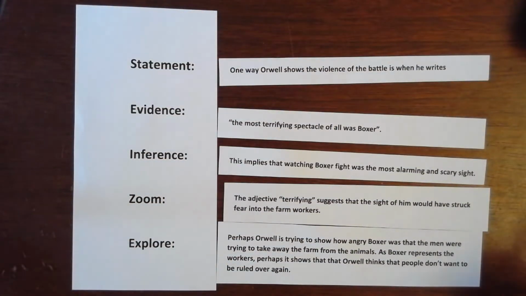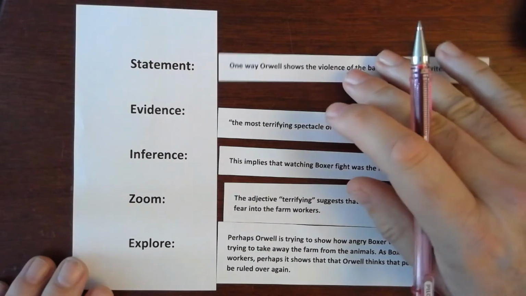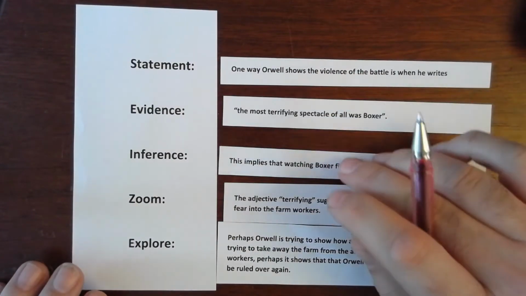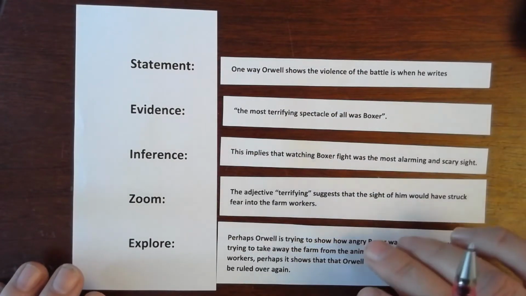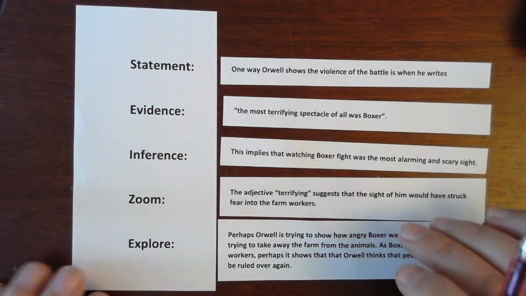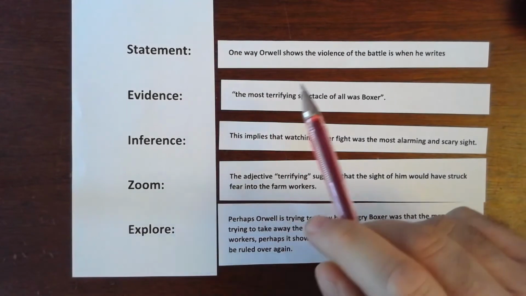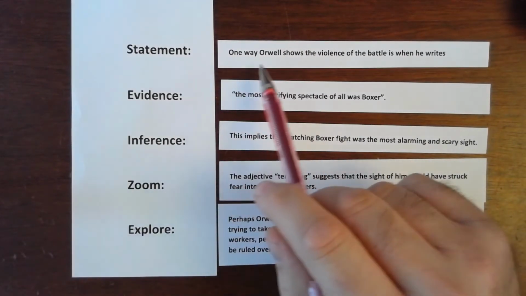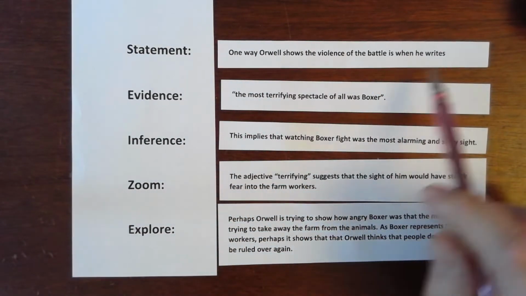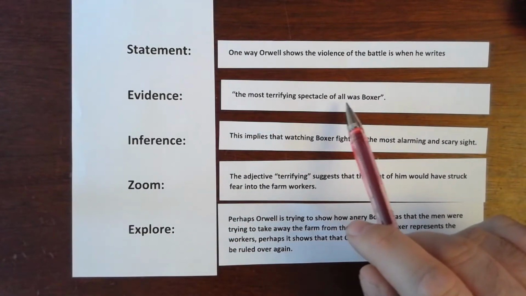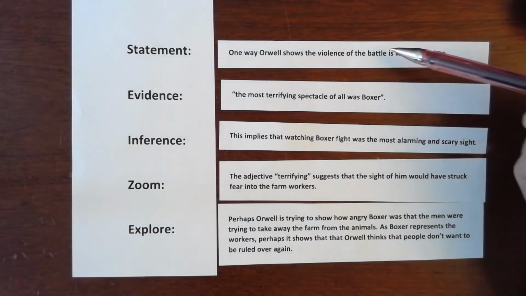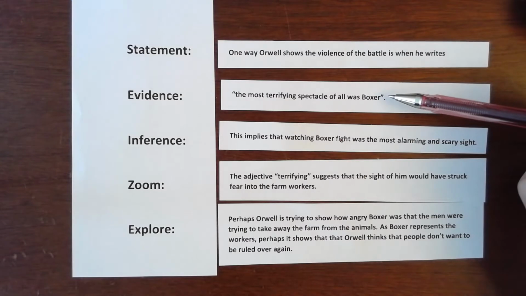If you watched the developing video, this is the paragraph that I created based around that one little quotation. So my statement, turning the question into a statement: one way Orwell shows the violence of the battle is when he writes, the most terrifying spectacle of all was Boxer. So statement, and then my quotation for my evidence.